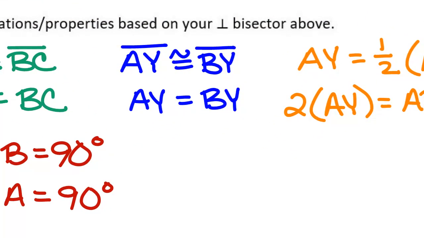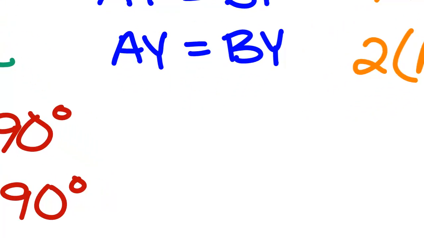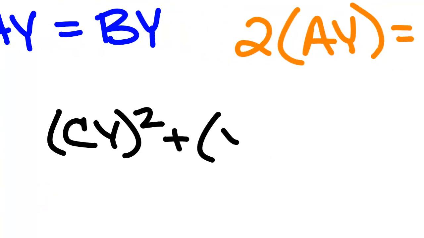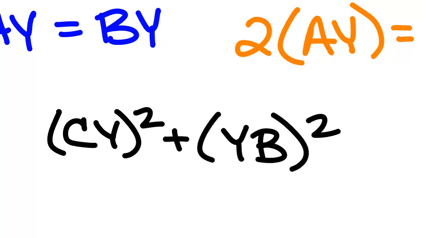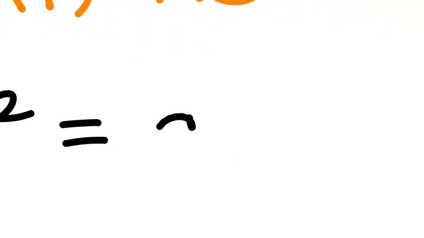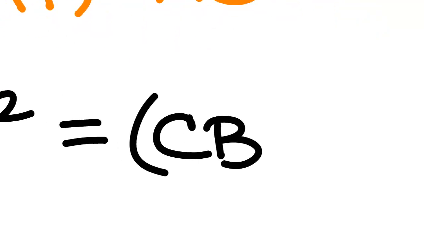The Pythagorean theorem says that I take the two sides that are not the hypotenuse, so CY and YB, and we square them and then add them together. So I can take CY and square it, I can take YB and square it, and that equals the length of the hypotenuse, CB, squared.